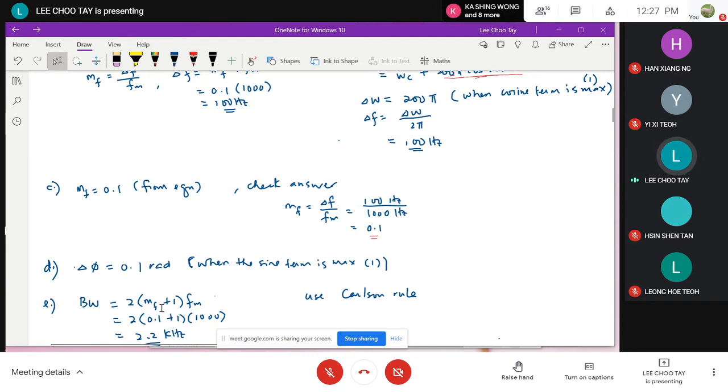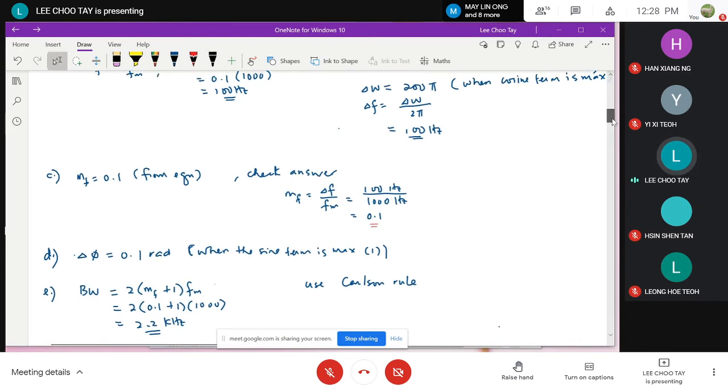Put in your numbers for your modulation index and the value for FM, then you get your bandwidth equal to 2.2 kilohertz. If you try to find the n values for MF equals 0.1 in the Bessel function table, you will not be able to locate it.